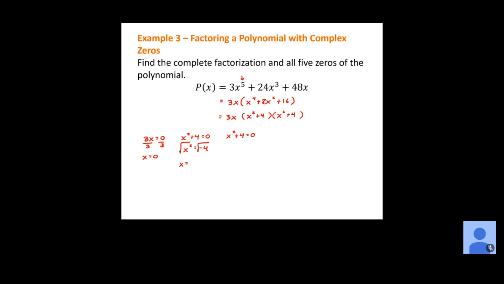Good. 2i, and we have to remember what? Plus or minus, right? This is going to give us positive or negative square root of negative 4. And then the square root of negative 4 is going to be a 2i. Because remember, we can bring out the i, and then the square root of 4 is 2. So that's how we get 2i. Any questions about how we got those zeros?